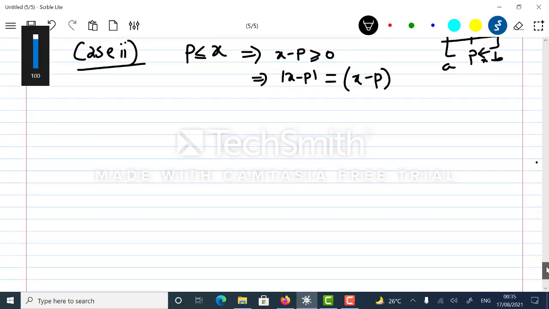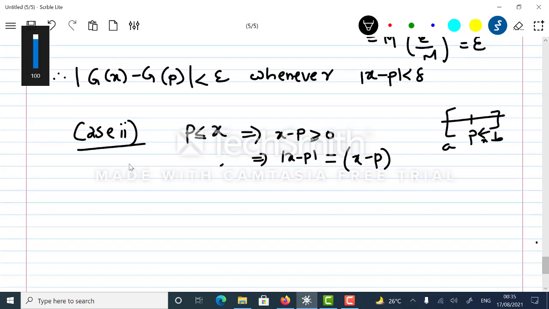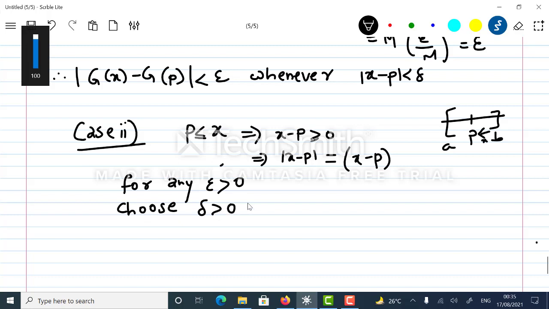So now we can again say that for epsilon greater than 0, choose delta greater than 0.